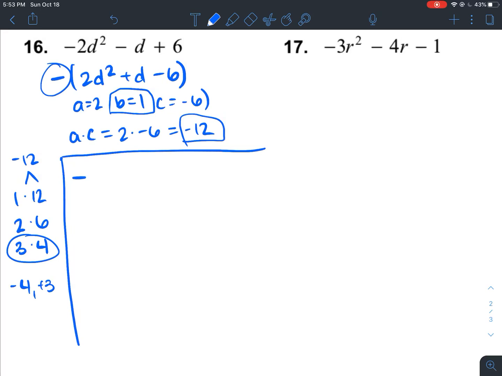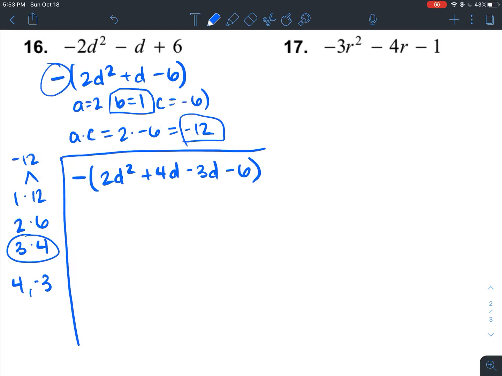So we have negative 2d squared, and instead of positive d, this is a positive d, not a negative one, sorry. So that means, let me go back, this would have to be positive 4, and then negative 3. So positive d, so that means we have to do plus 4d minus 3d minus 6.